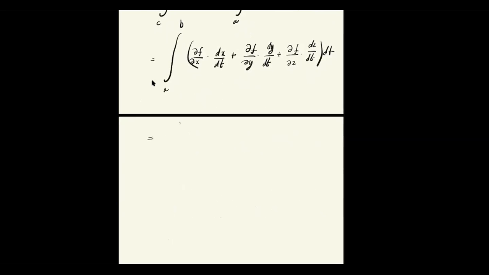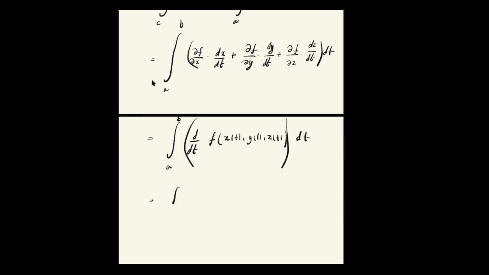This is just the derivative by the chain rule, the derivative of the function f evaluated at the point (x(t), y(t), z(t)).